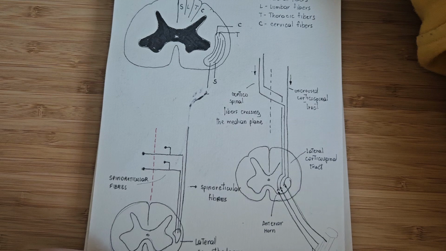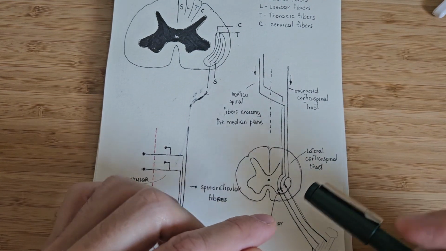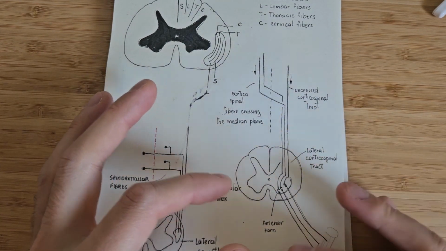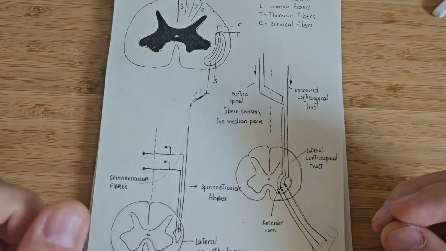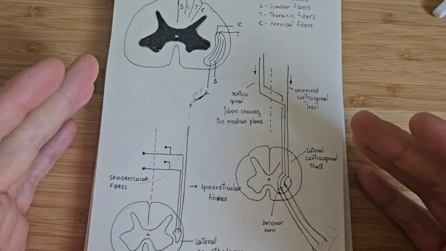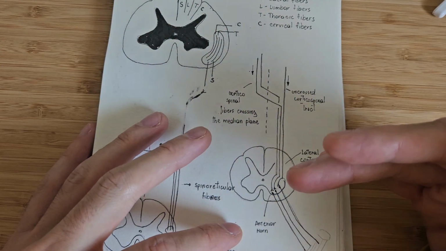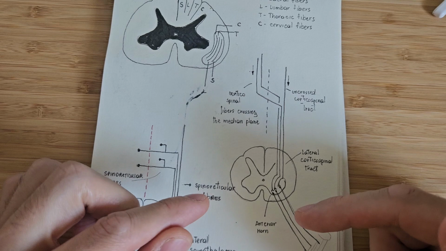Now, anterior horn cells. You are probably tired as well, because I've been talking about the anterior horn and the lateral corticospinal tract for a while. The anterior horn cells are lower motor neurons located in the ventral horn of the spinal cord, and they receive input from upper motor neurons and directly innervate skeletal muscles.